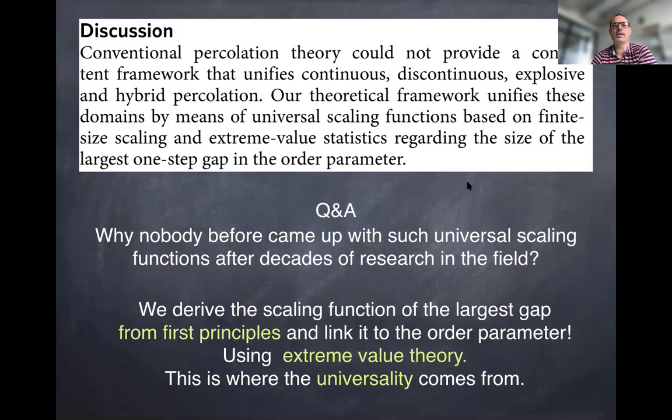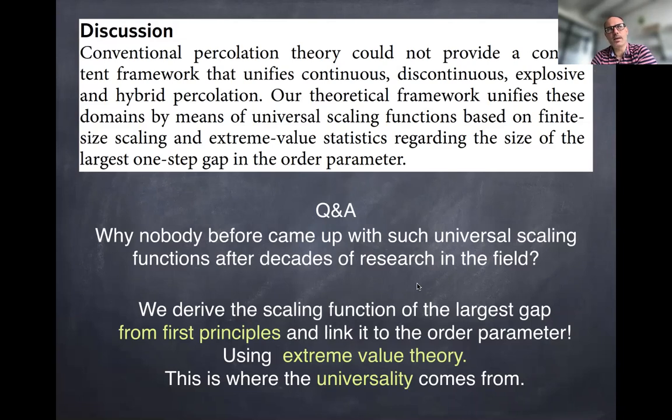So what is extreme value statistics, and why don't people typically look at this in the context of percolation? Well, usually this order parameter has more or less nothing to do with extreme values, right? The largest component is often unique, in particular in standard continuous percolation.